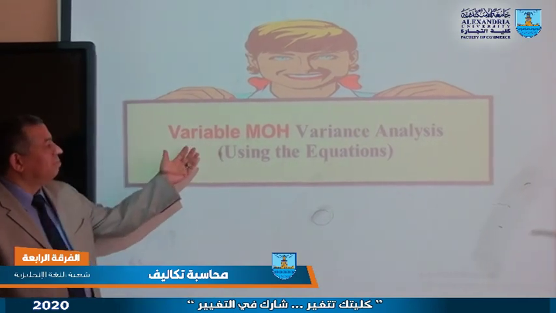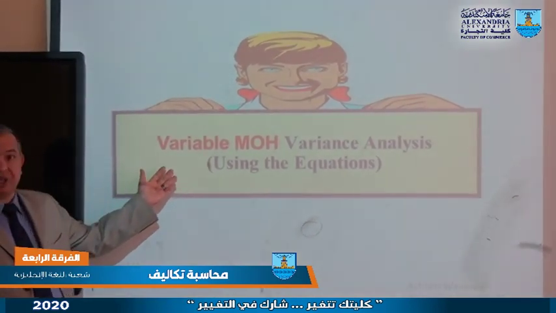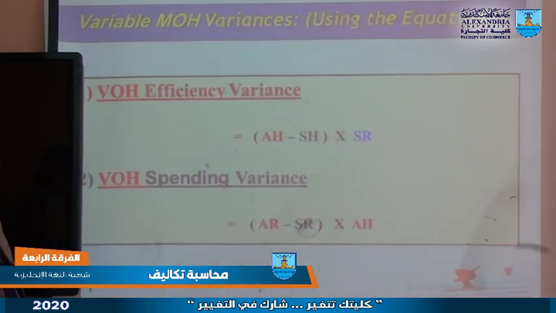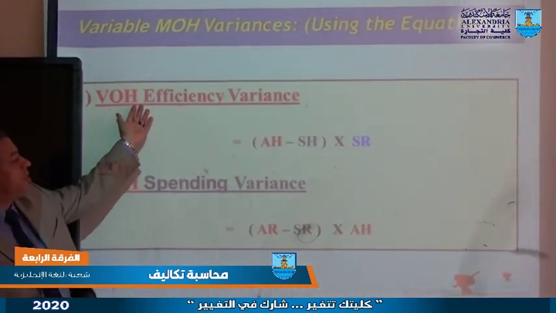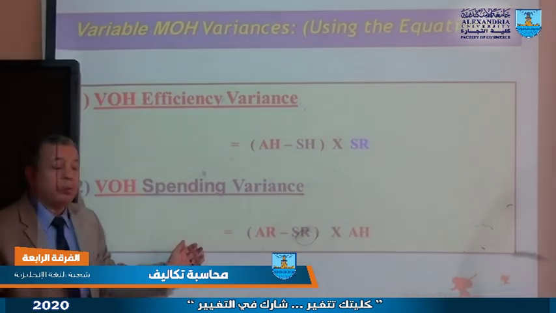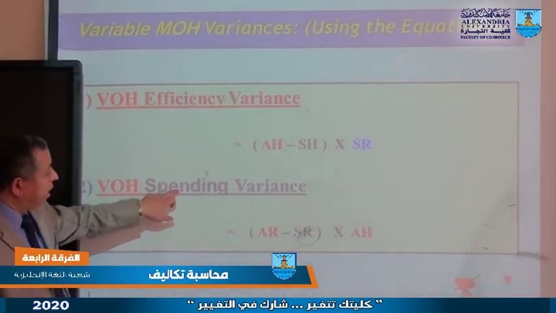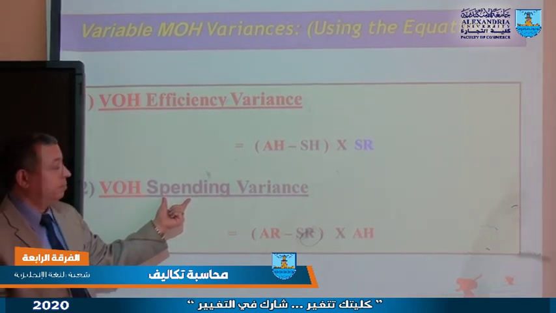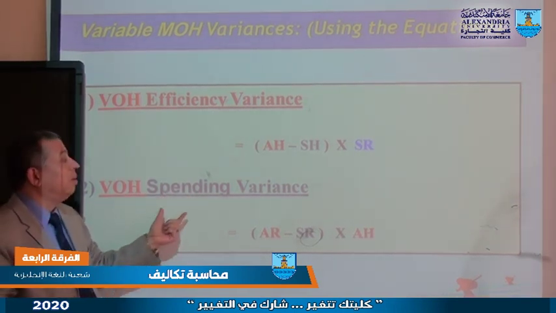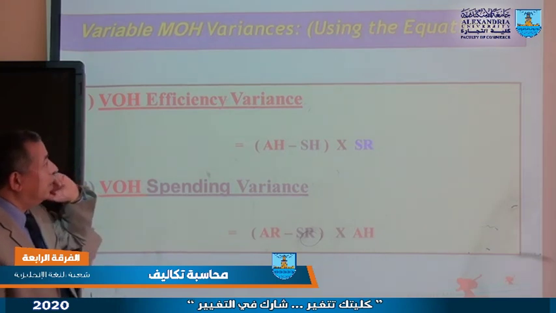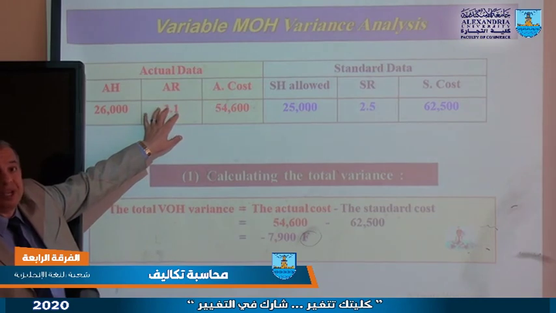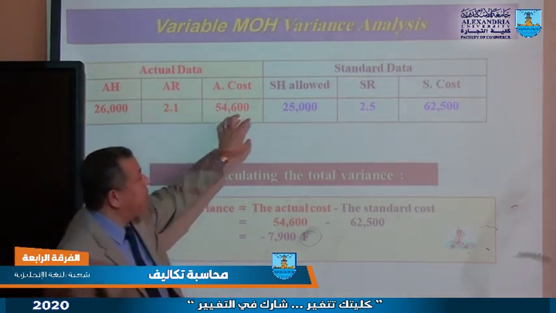The second is equations and how to calculate the variances using equations. The same equations like direct labor, but instead of rate, I will speak about spending here. This is my same information, the same calculation, don't forget them.